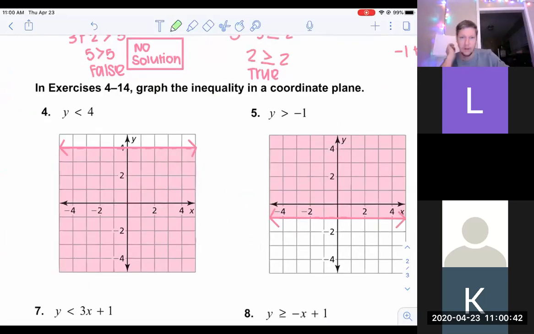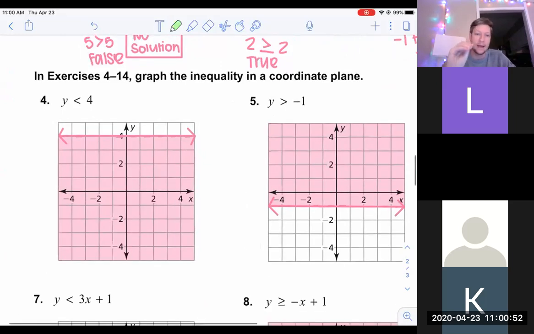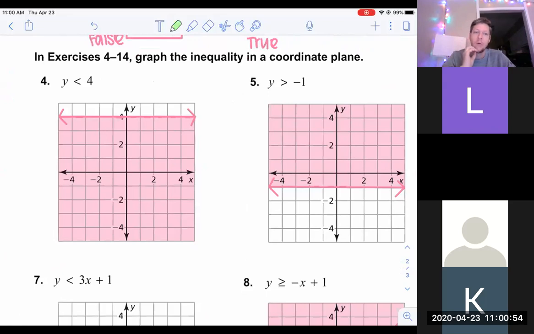Yes. Okay. So in the notes, remember, you can always remind yourself logically. Like we're looking at number 4 here. It says that y has to be less than 4. So what that means is y is not allowed to be equal to 4. If the y coordinate of the point is 4, then it's not a true statement, right? Does that make sense? Yes. Because 4 is not less than 4.